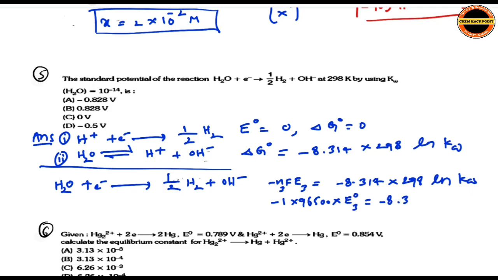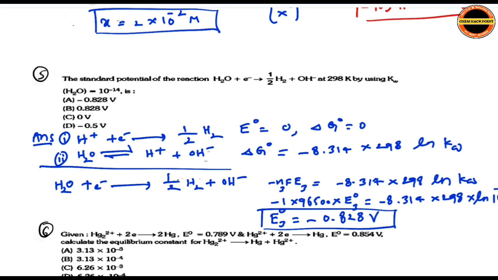All other values are given, 8.314 into 298 into ln Kw, and Kw is 10 power minus 14. Write it clearly, 10 power minus 14. Finally, after calculation, E naught 3 you will get is minus 0.828 volt. Hence the answer is option A.